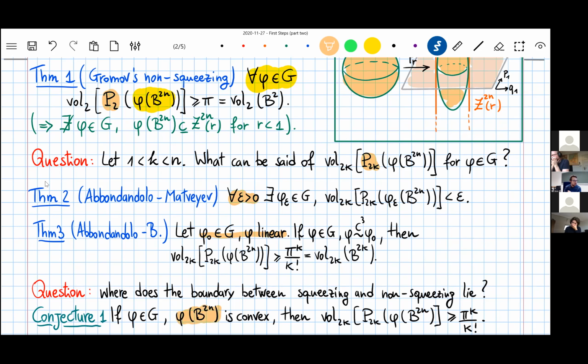If you remember, I was telling you that phi folds the ball a lot. If you know that the image is convex, then you don't have this folding phenomenon. You can think a bit about this. So this is the first conjecture of this talk, and we will see later that there are some other conjectures related to this one.